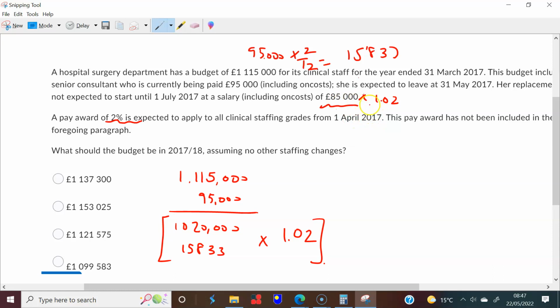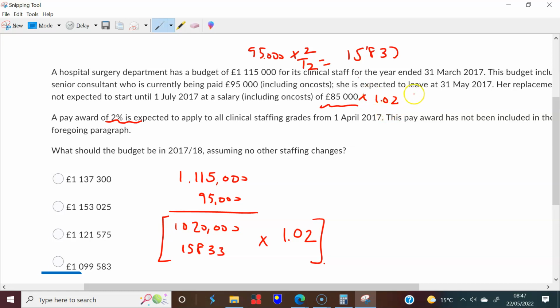This person coming in will also get this pay grade increase of 2%. This is what the standard official documents are saying, but when they come in, everything's going to be upgraded. So they're going to be getting 85,000 times 1.02 anyway. So I just thought it was better looking at it like that.